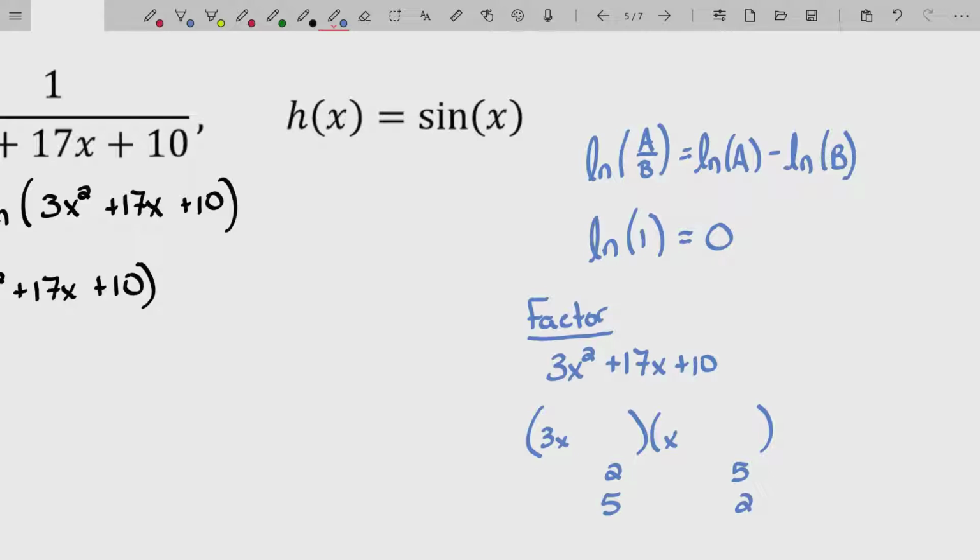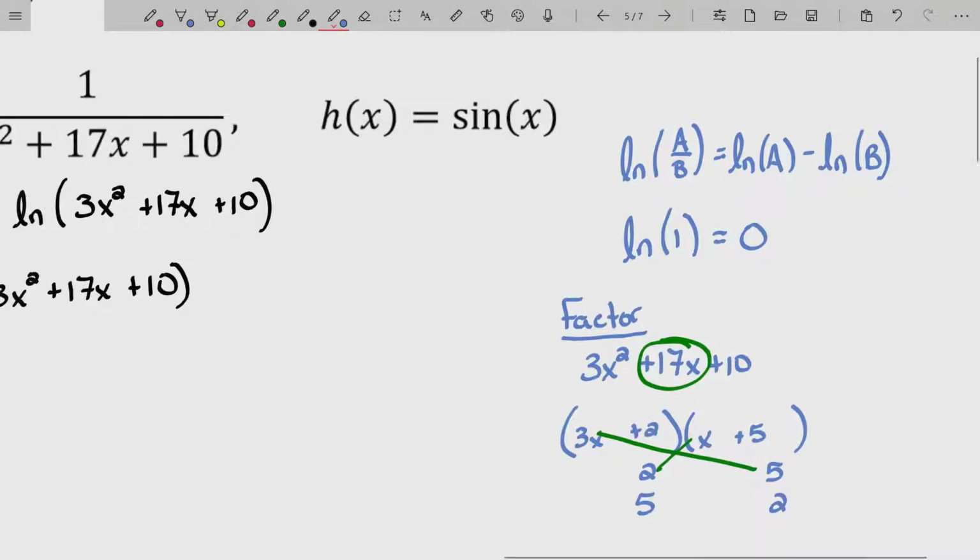And if you look at the multiplications, 15x and 2x, yeah, definitely you can combine those to become a 17x. So therefore, we know that this will be a positive 5 there and a positive 2 there.